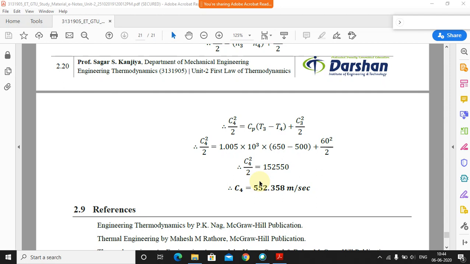As I said, there will be a question in the question paper or in the assignment also. Either you have to find out the energy equation or there will be a problem based on this. We'll try to see that. Any doubt so far?